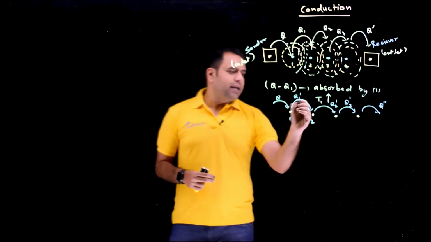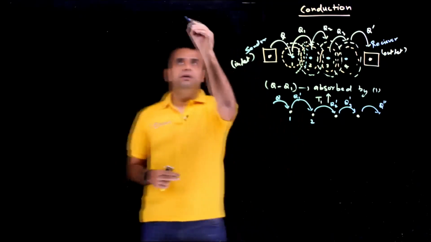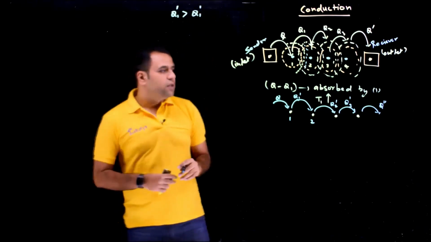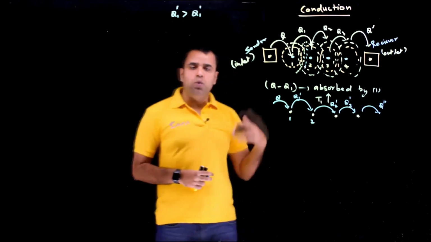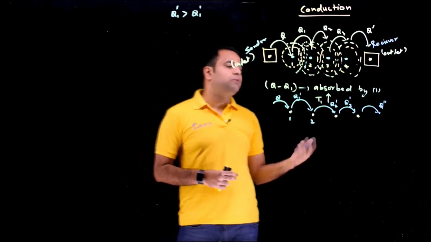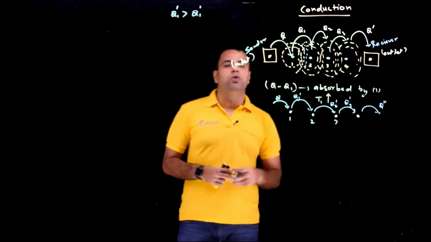So this Q1 dash, the amount of heat transferred by 1 this time, will be more than Q1. The second time, particle 1 will send more heat to particle 2. Similarly, particle 2 will also send more heat to particle 3, that is Q2 dash. So Q2 dash will also be more than Q2.